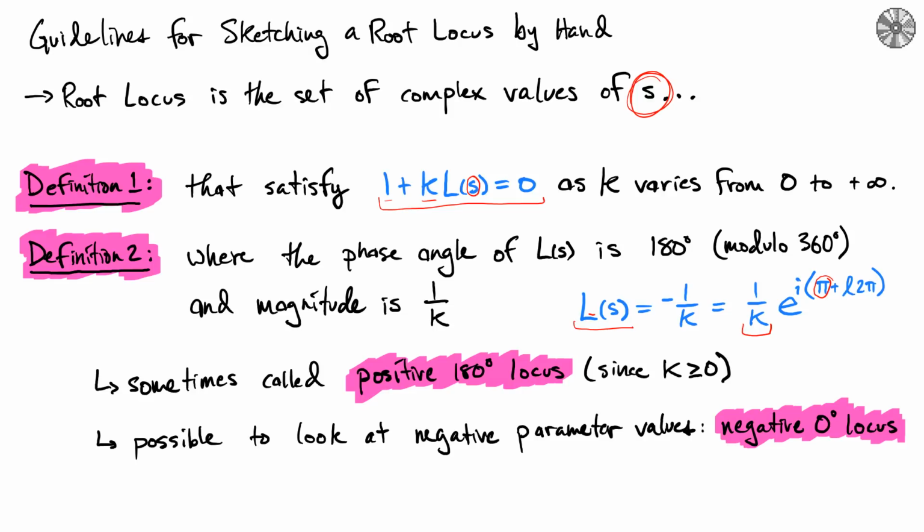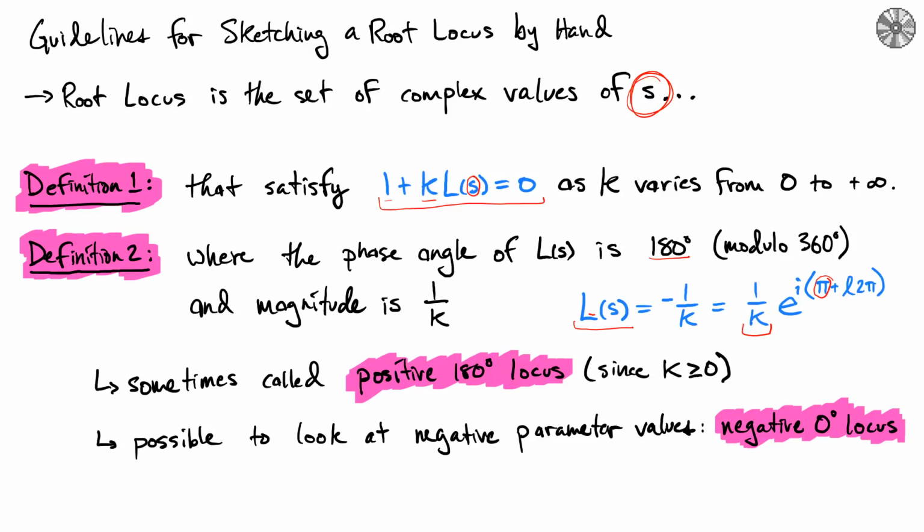So the phase has to be 180 degrees or some modulo of 360, so it could be 180 plus 360, 180 minus 360, 180 minus twice 360, and so on. And so this is one of the reasons why this is often called the positive 180 locus.